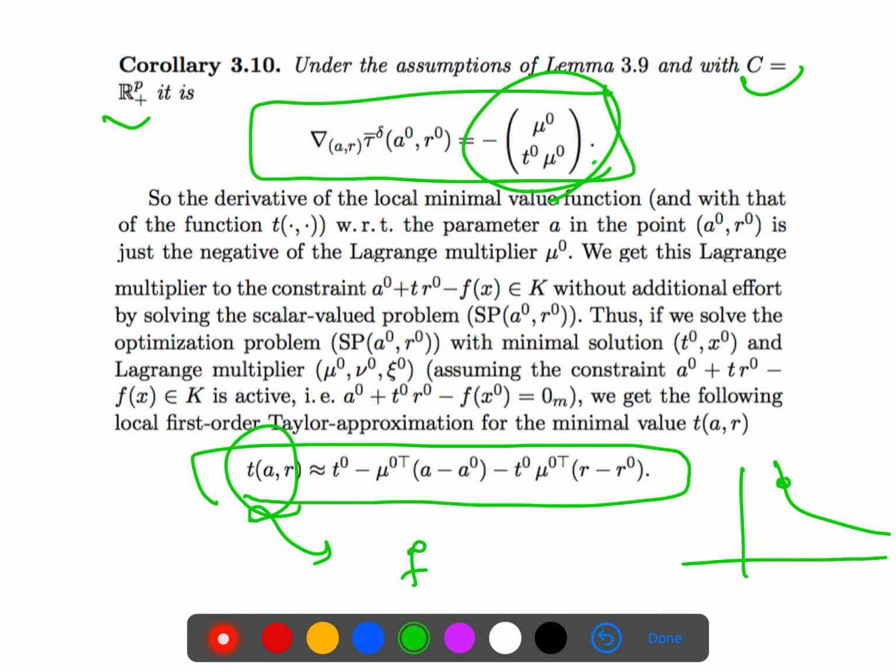So, for example, if this point and this point and this point are on the efficient frontier in the objective space, then the distance between them is alpha.